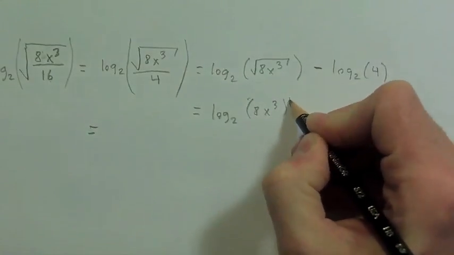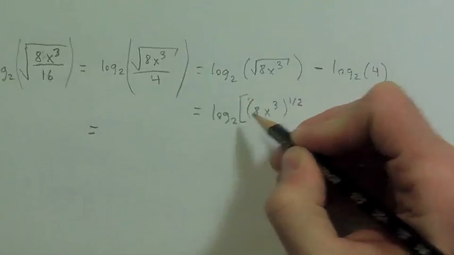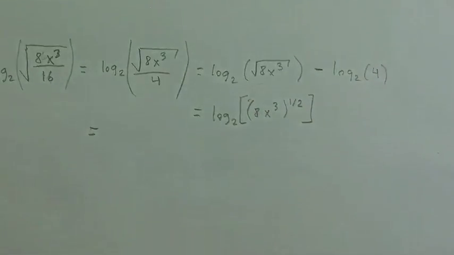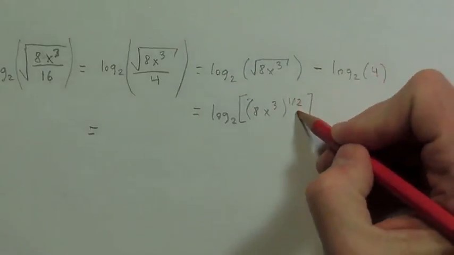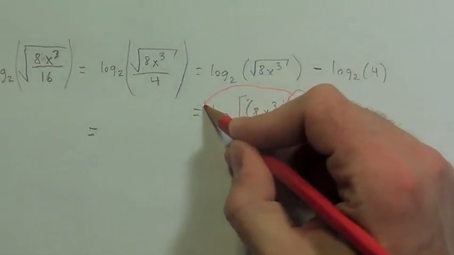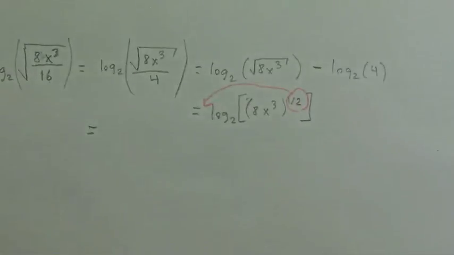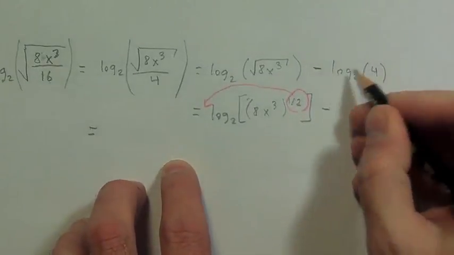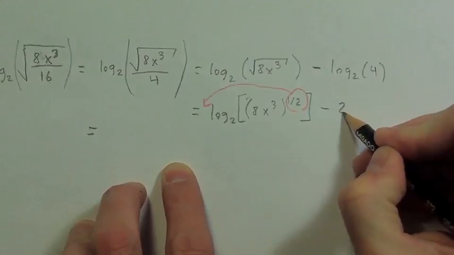8x cubed, the whole thing to the 1/2. And I can actually take that square root away and make it multiplied by 1/2. Right? And as we said in the last step, this is 2.